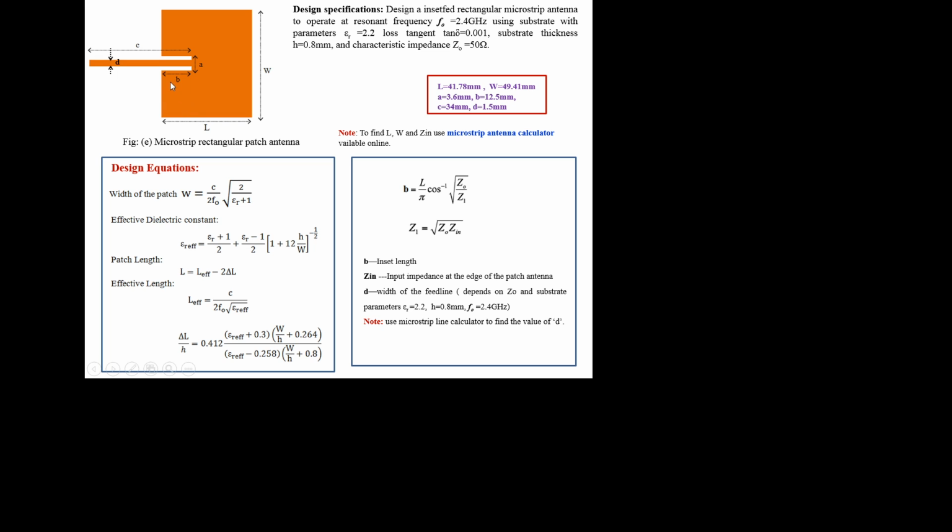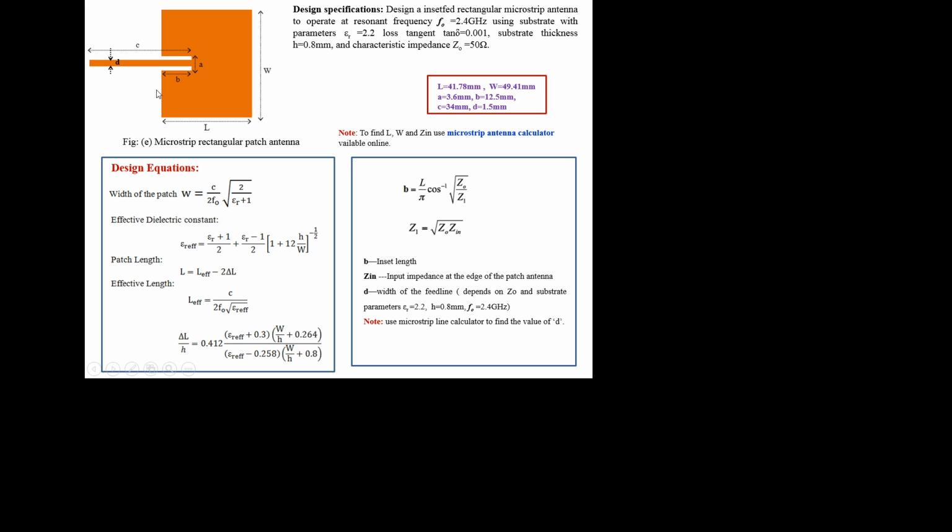So at a distance B, the impedance becomes 50 ohm. So this port has 50 ohm, the feed line has 50 ohm, here the impedance is 50 ohm, so all will be matched. That's why this feed line must be inserted into the patch as shown here at a distance B. Then matching will take place between the source, feed line and the antenna. Maximum power will be delivered to the antenna.